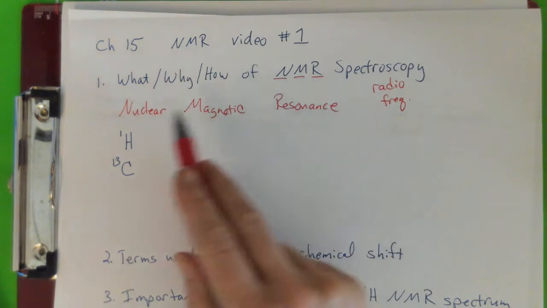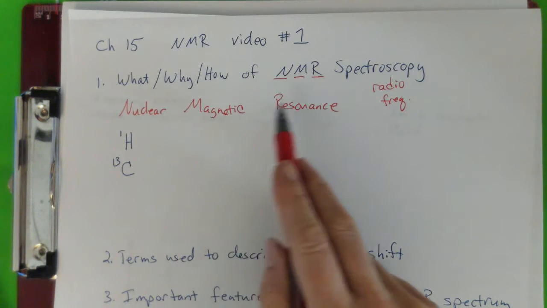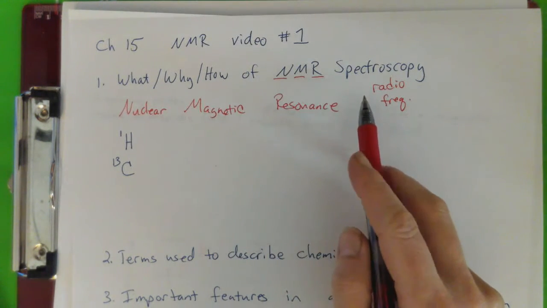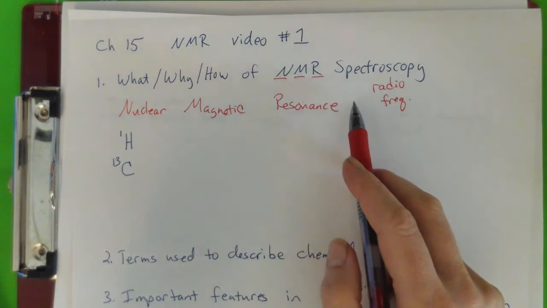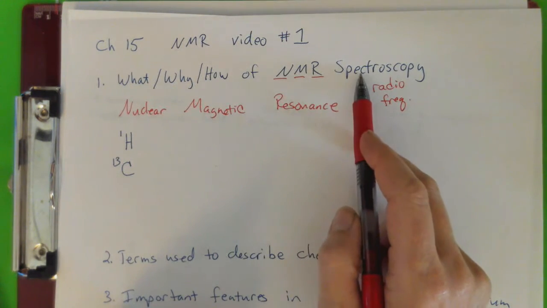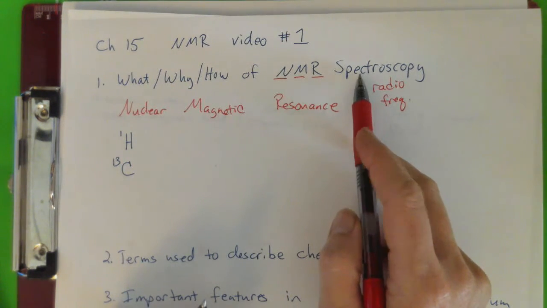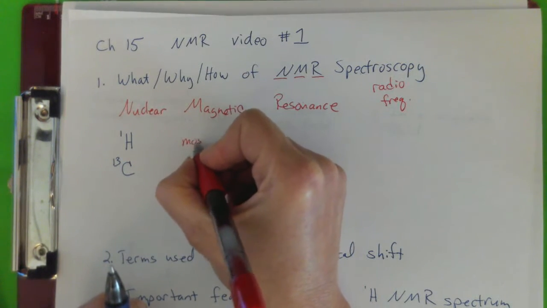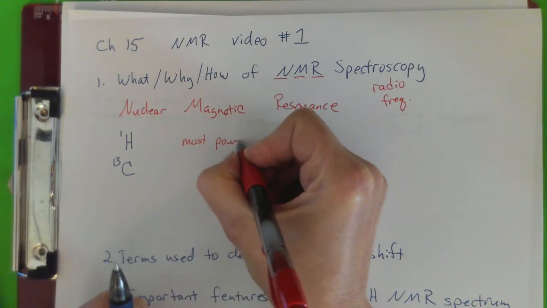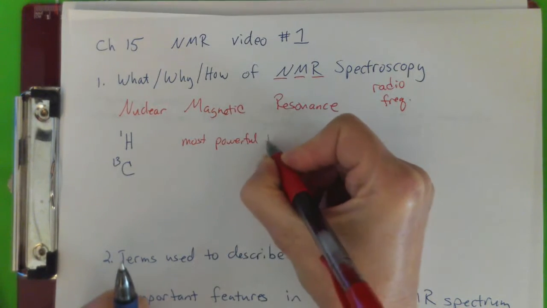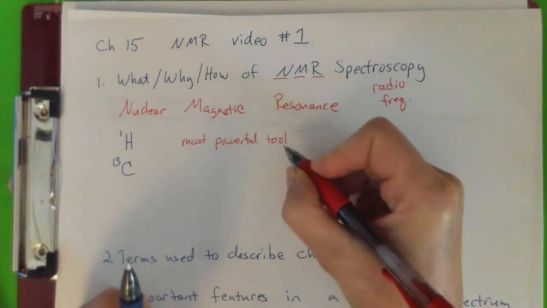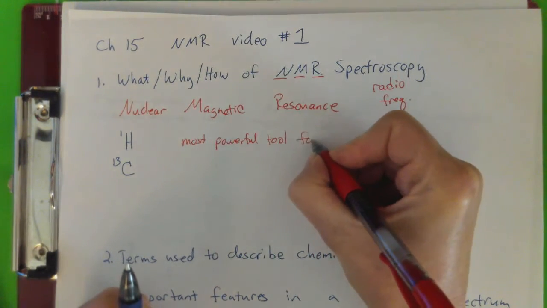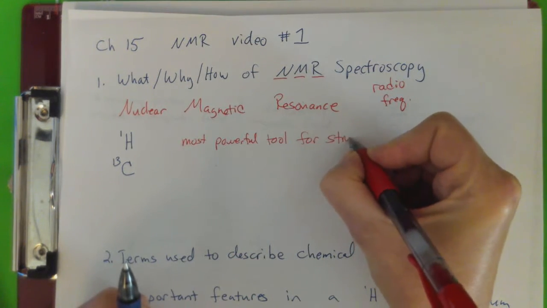Okay, so now we know these words and something about what they mean. Let's talk about why we use NMR spectroscopy in organic chemistry. This is the most powerful tool that we have in our toolkit for structure determination.